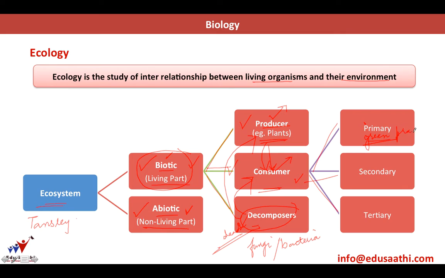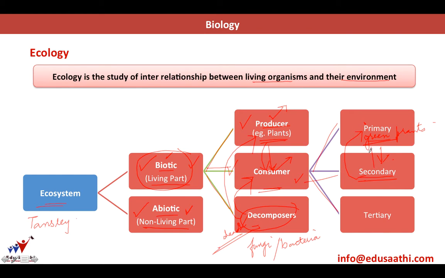Secondary consumers are the ones which depend upon primary consumers for their food. For example, fox, wolf, peacock, all the animals which eat other primary consumers would be known as secondary consumers. Tertiary consumers. In this category, those organisms are included that depend upon secondary consumers.